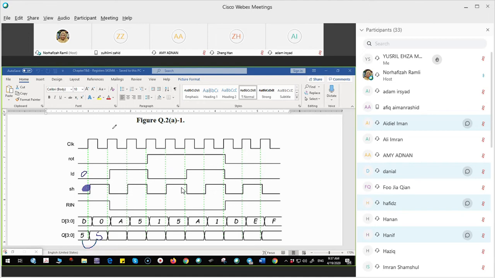The next clock is this one. The next clock is also 0, 1. What does 0, 1 say now? Shift right, isn't it?